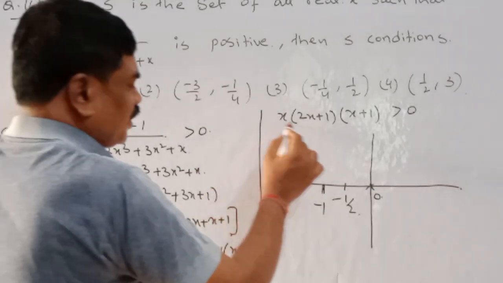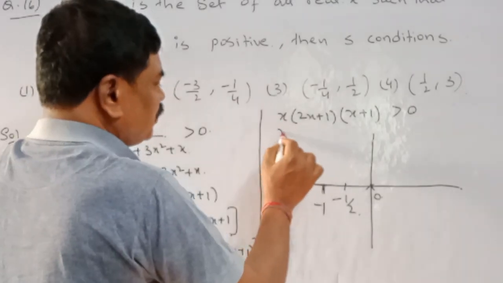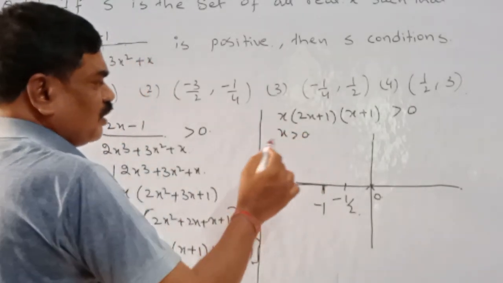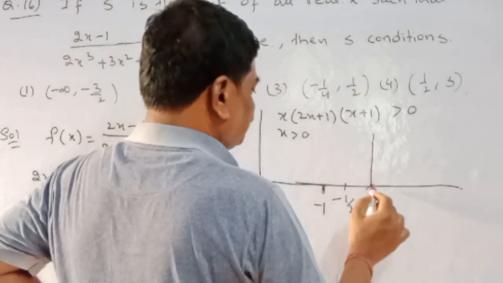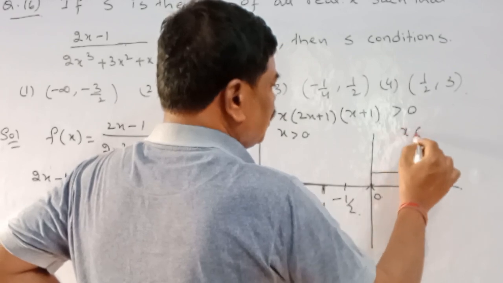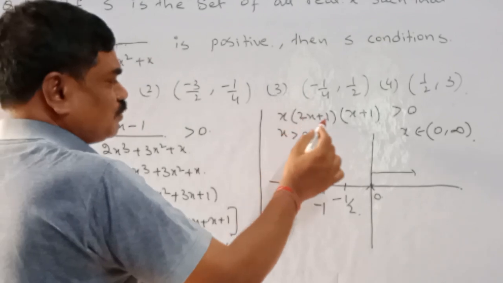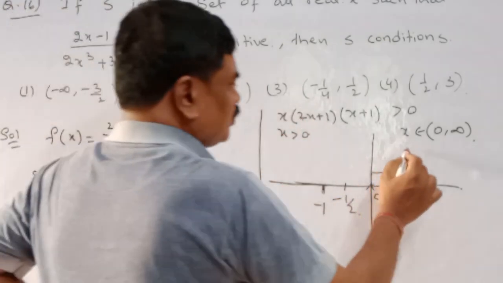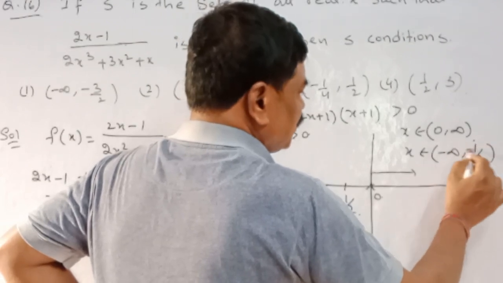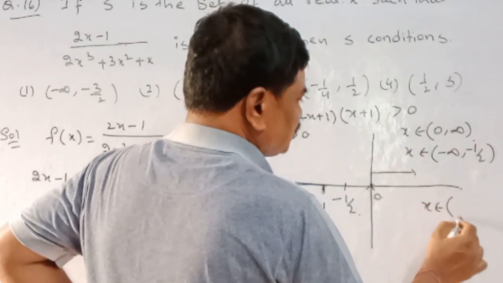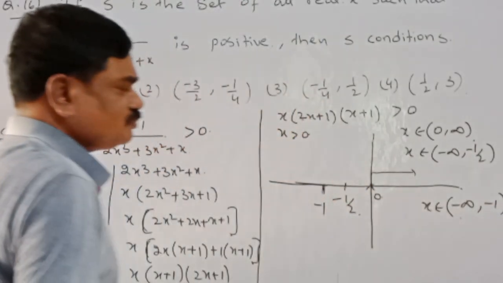That is x greater than 0, x greater than 0 means what? X belongs to 0 to infinity. 2x plus 1 greater than 0, that is x belongs to minus 1 by 2 to infinity. X belongs to minus infinity to minus 1.